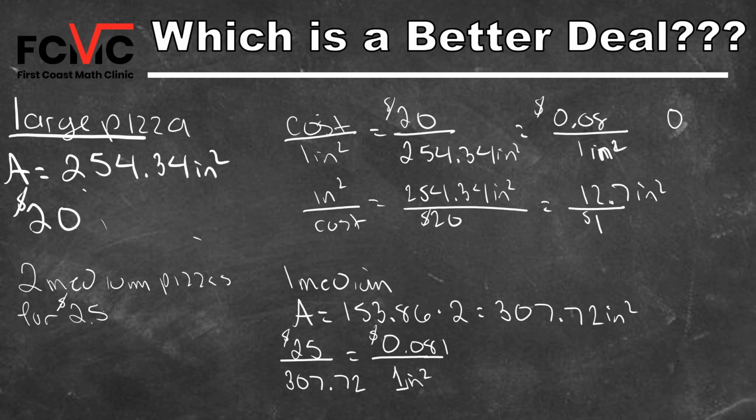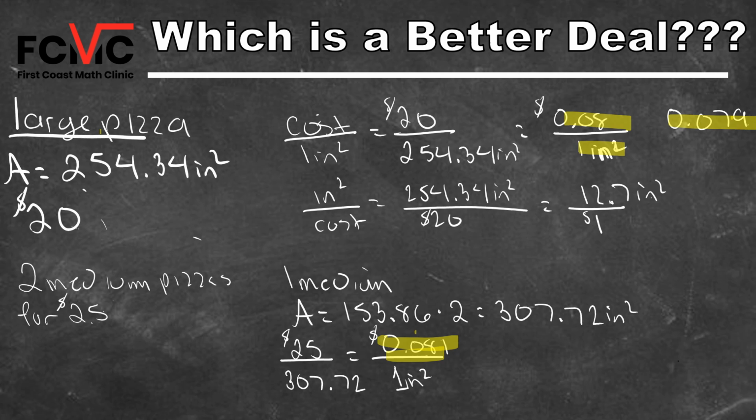So it was originally like 0.079. So I rounded this value to 8 cents. This is 0.081. So this value here is slightly more expensive than this value, right? Because it was originally 0.079. All right, so the two medium pizzas is still slightly more expensive than the one large pizza.